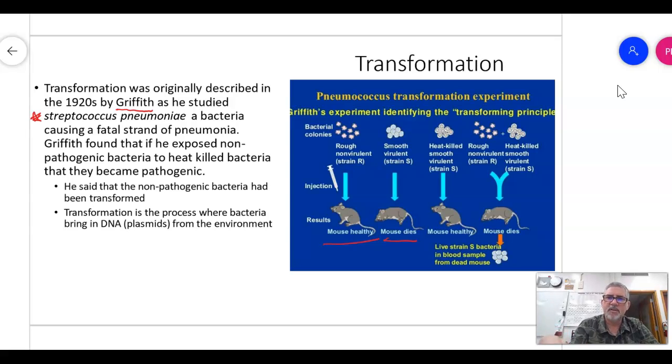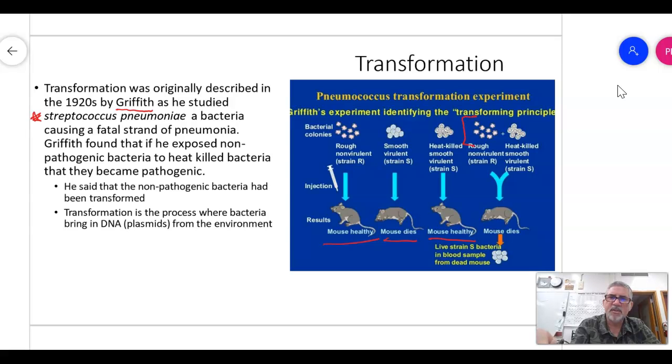Then he took the virulent strain and boiled it, and after it cooled off, he injected the mouse, and nothing happened. So heat kills bacteria, and we all know that. That's why we heat sterilize things. Then he did one other part of the experiment.